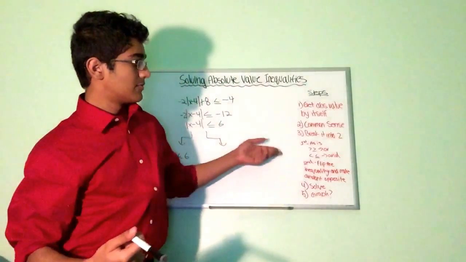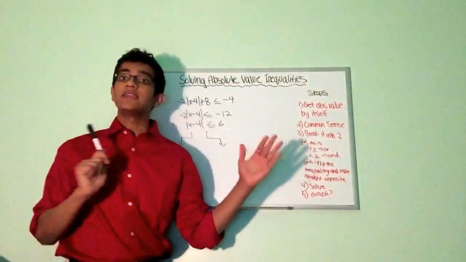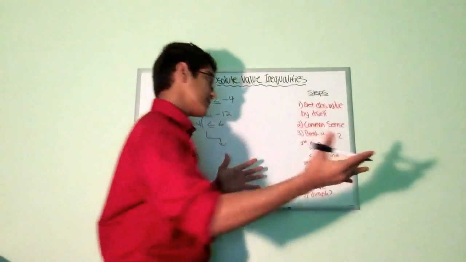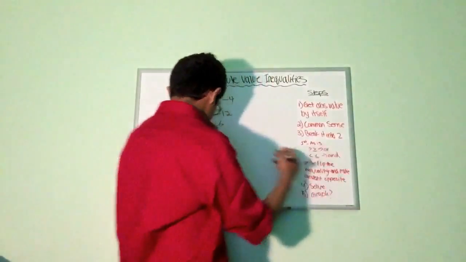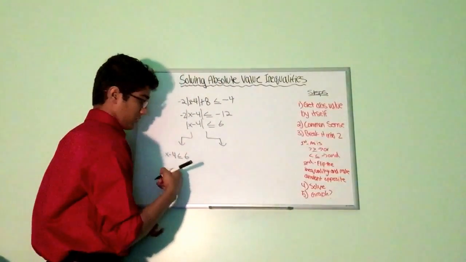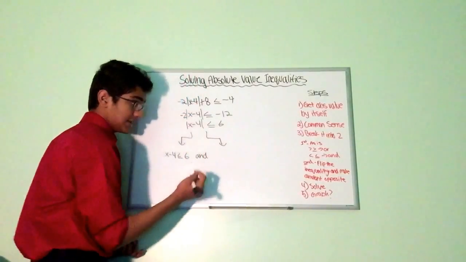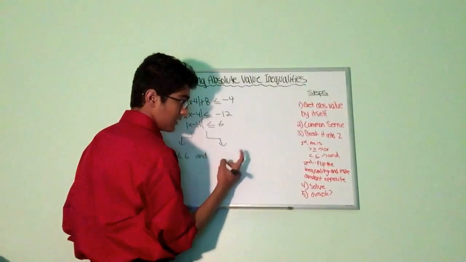A good way to remember this is greater, like great-or. So greater, greater. Over here we have a less than sign, so this is an and inequality.